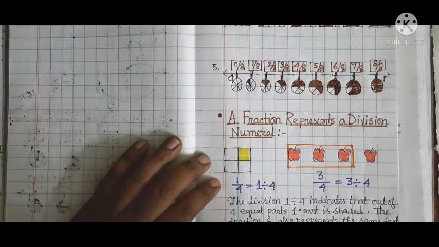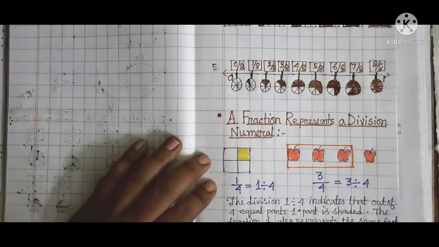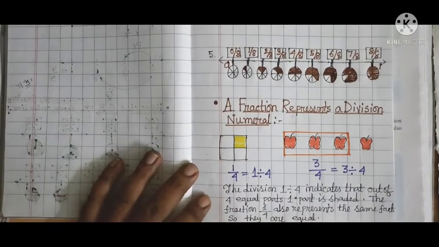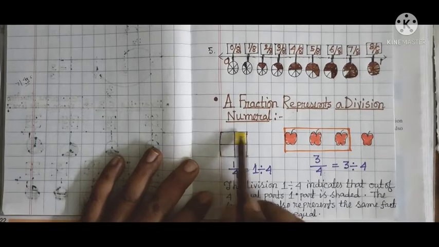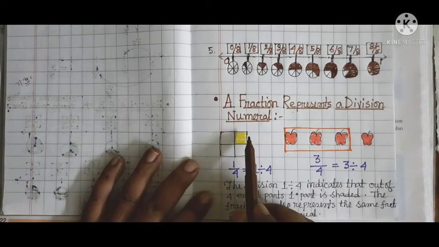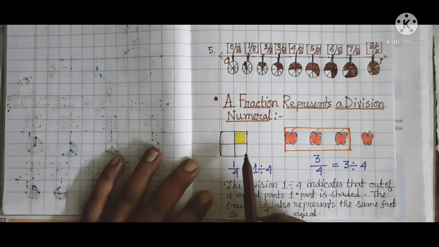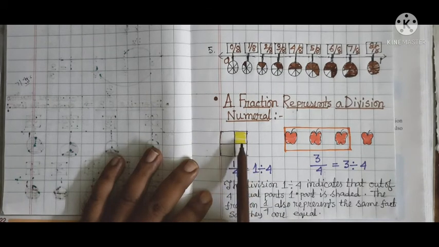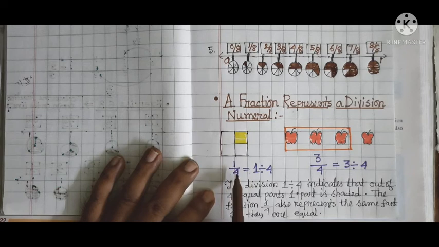Now we understand how a fraction represents a division. Suppose here there is a square divided into 4 equal parts, and one portion is shaded, so it can be written as 1 by 4, or 1 division 4.